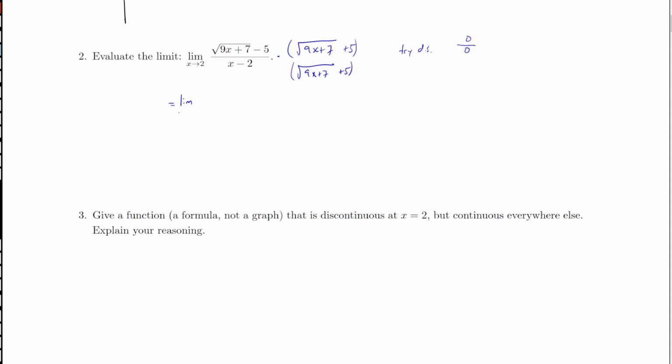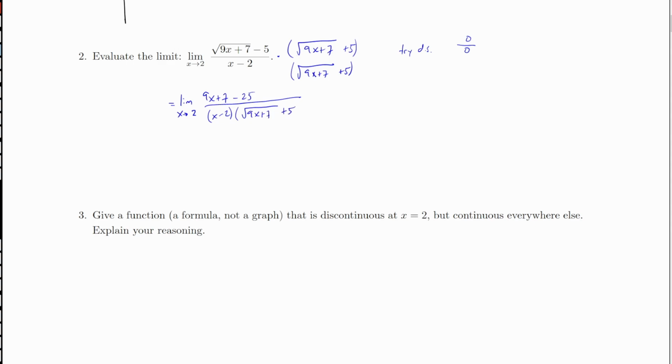So I'm going to have the limit as x approaches 2. When I multiply out the numerator, we'll have the 9x plus 7. Then 5 times the root minus 5 times the root, those add to 0. And -5 times +5 is minus 25. In the denominator, this x minus 2 term I'm going to leave factored out.